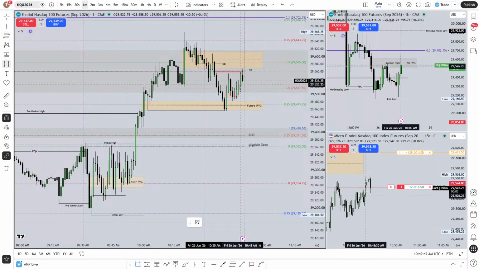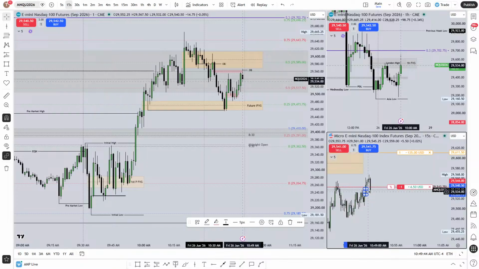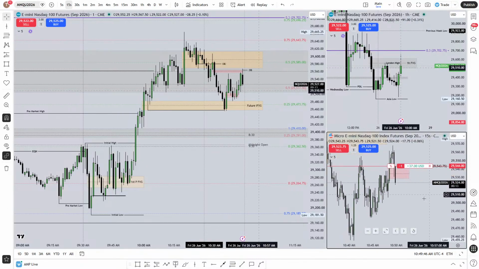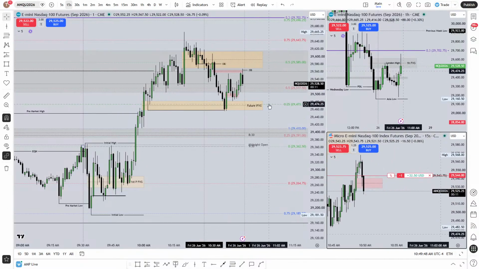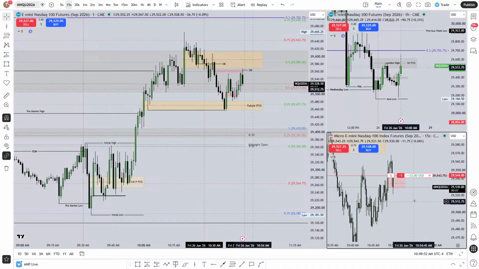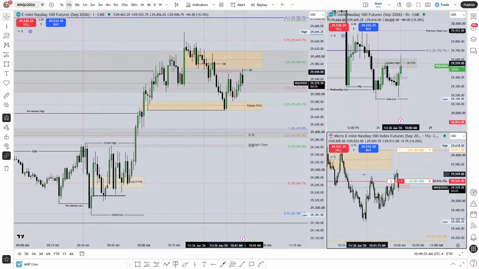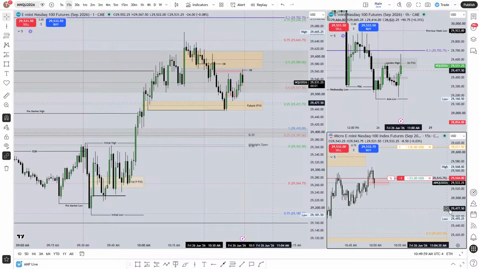We got this little SIBI right here on the 15-second time frame that I would like to see us get through and have that 2022 model that I was talking about on the 15-second time frame, sweep of a high right here, going into an order block, into a 1-minute SIBI.